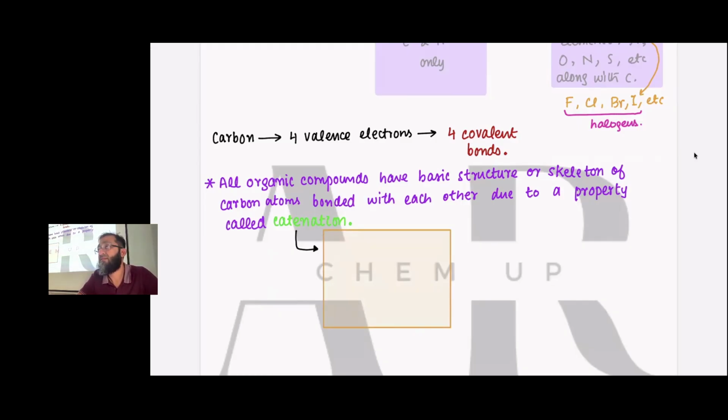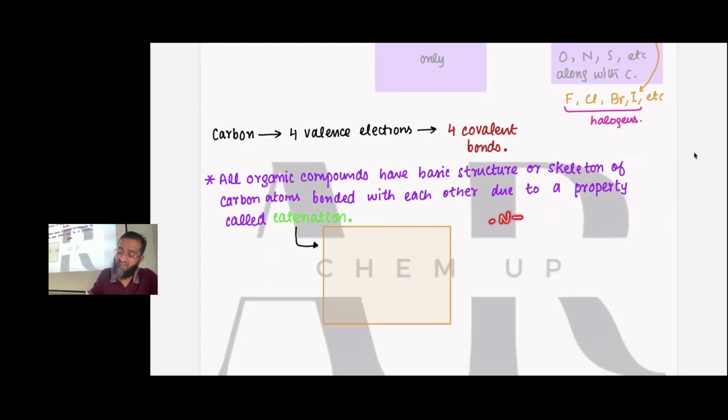For example, how many bonds can an oxygen atom make? 2. But did you find that oxygen is bonded like this to make a long chain of oxygen atoms? How many bonds can a nitrogen atom make? 3. But did you ever find that nitrogen atoms bond with each other to form a long chain? Right?